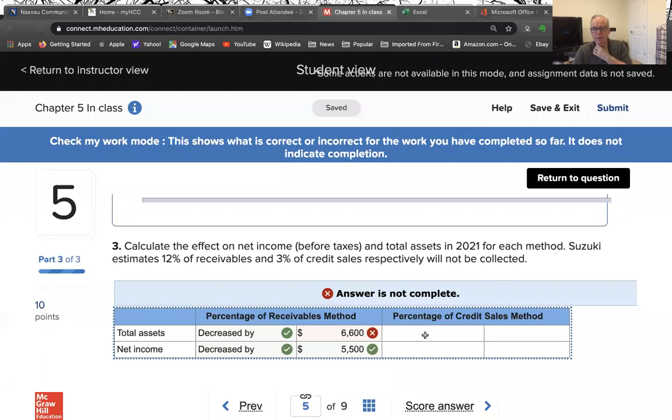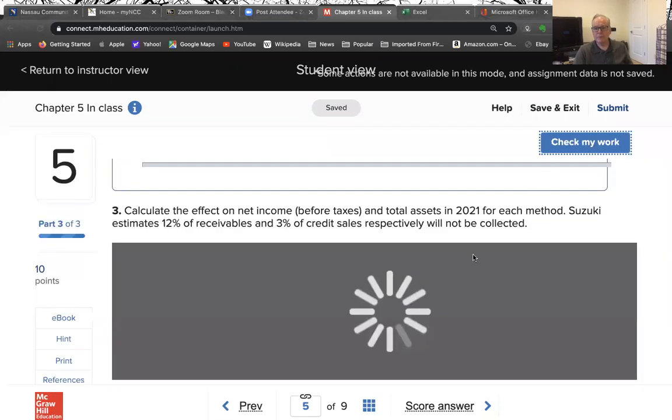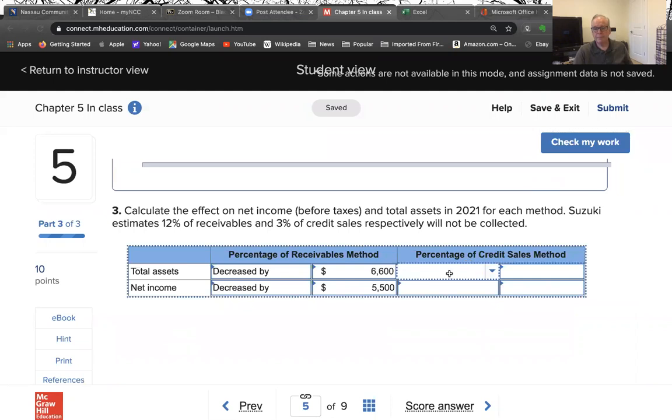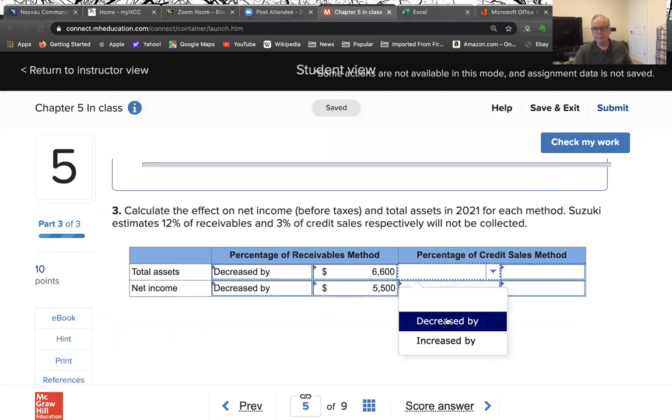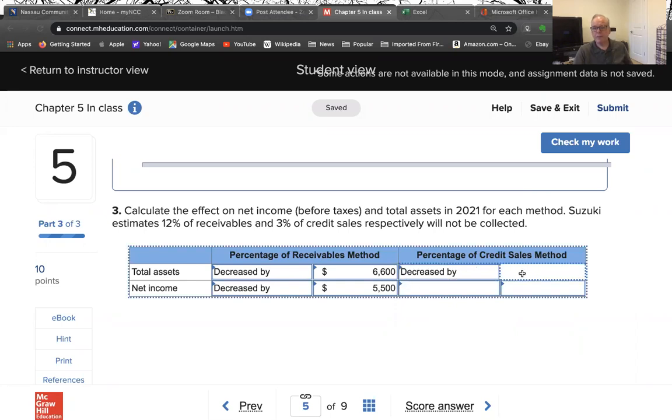Under the percentage of credit sales method, total assets are, I have to go back to the question. Total assets are going to be decreased by, net income is going to be decreased by 7,800.